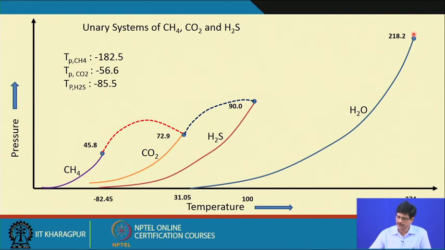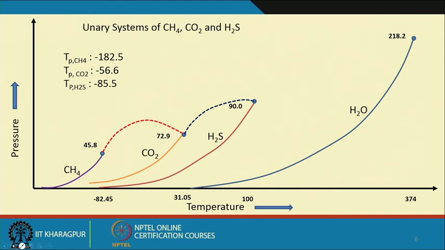And for your reference, the boiling curve for water is also plotted here. This is the critical point of pure water, which is 218.2 bars, 374 degrees Celsius. But since we have a lot of immiscibility in the carbon dioxide and water system, there is not much significance in seeing a continuous critical curve, but sometimes we do see such a relation.